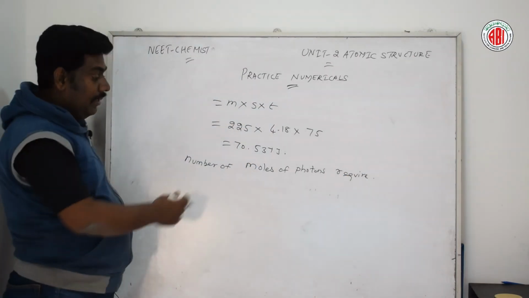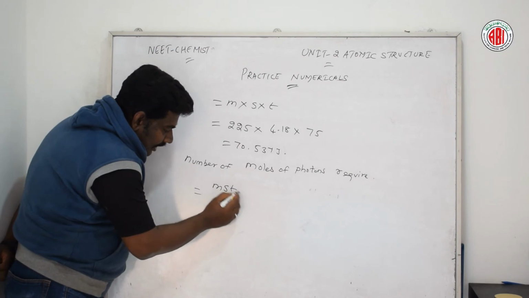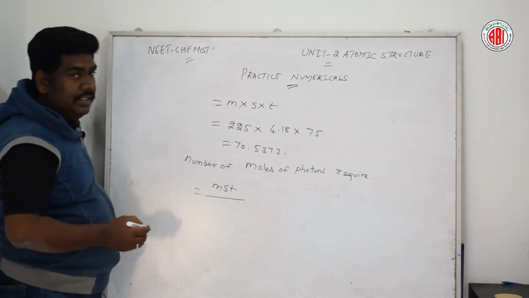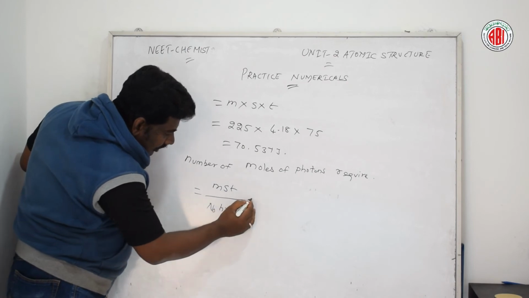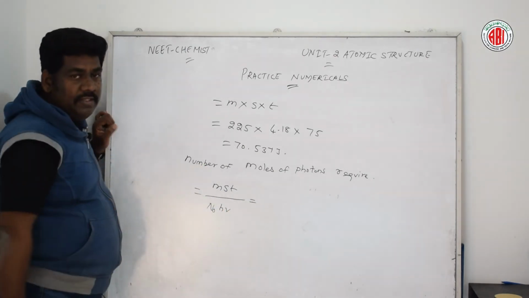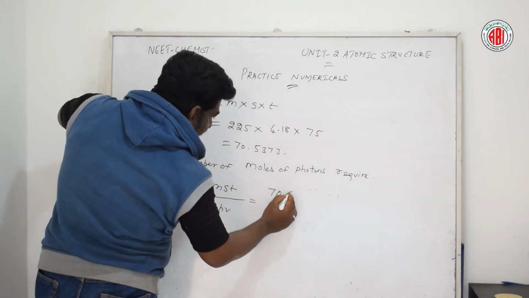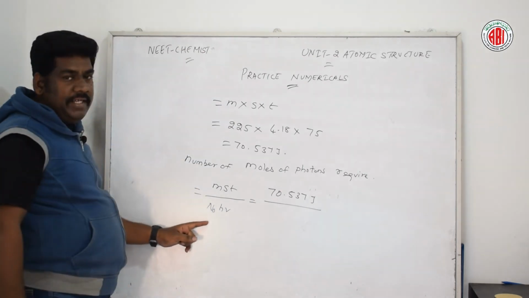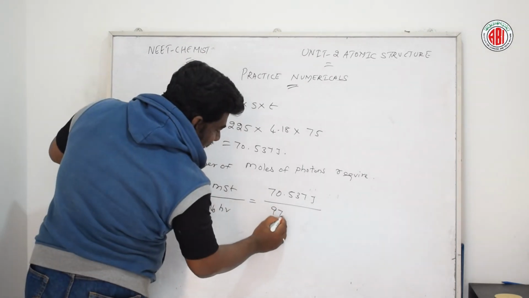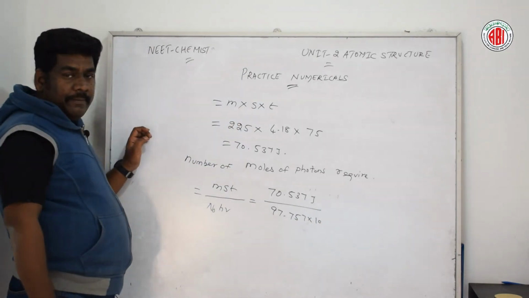Now, the number of moles of photons required is m s t divided by Avogadro value into h nu. Applying all the values given in the question, that is 70.537 joule divided by 97.757 into 10 to the power of minus 2.